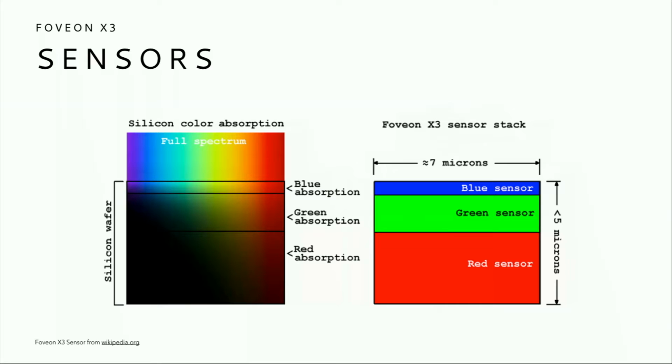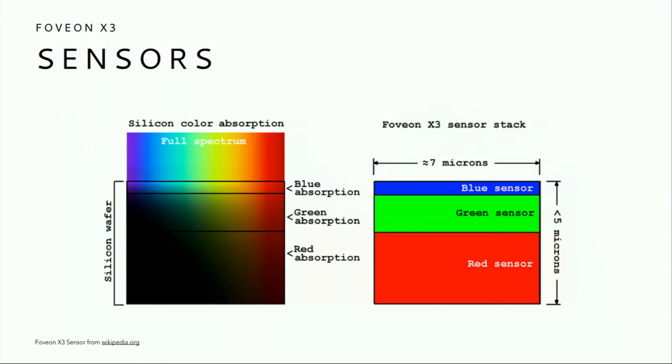If we have a sensor, we're now looking at this from the side. What we are seeing is that we have a certain amount of silicon, and as light travels down through this silicon, different wavelengths are absorbed at different depths, down from the top of that silicon. Blue is the first to be absorbed, and then green, and then red.